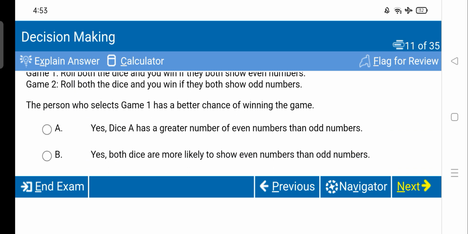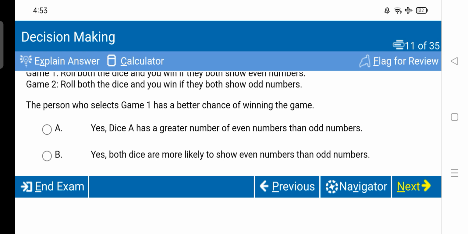So the person who selects game 1 has a better chance of winning the game. Option A, yes. Dice A has a greater number of even numbers than odd numbers. Option B, yes.